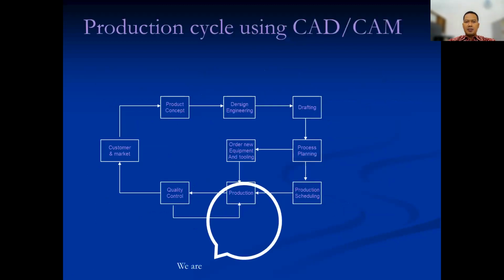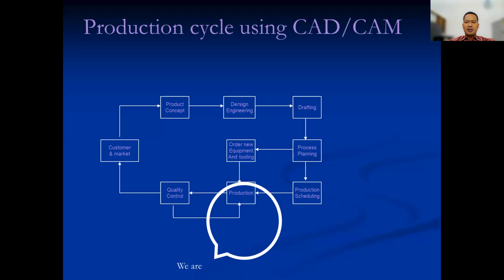As we see in the product cycle, by using computer-aided design and computer-aided manufacturing, we can continue from product concept to the design of engineering until drafting. In the previous semester, we already conducted the drafting or technical drawing.